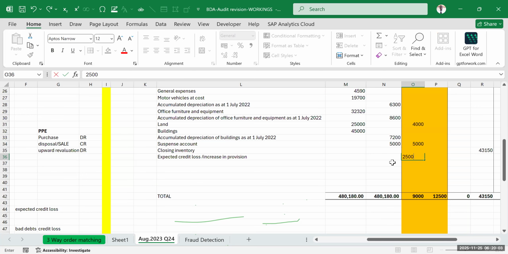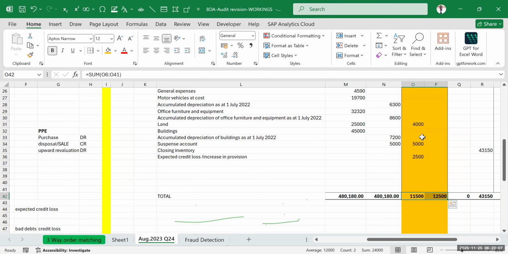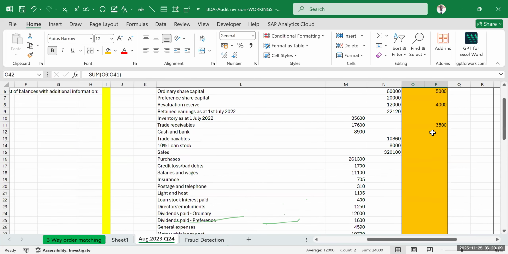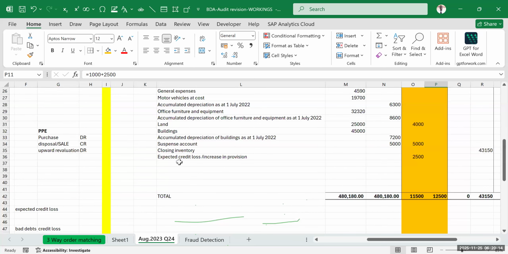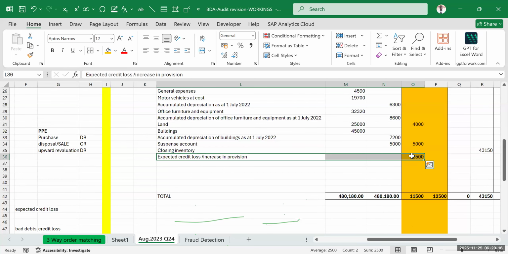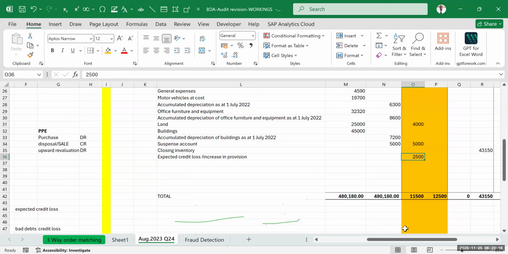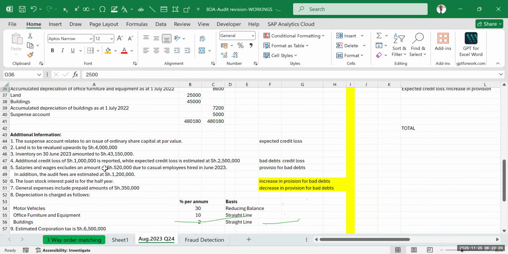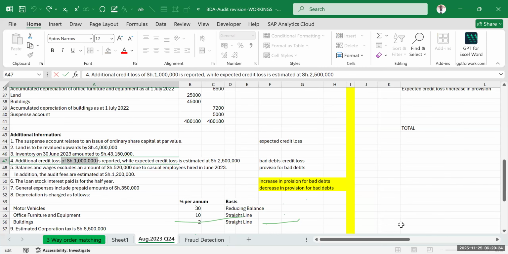2,500. Now, I want you to notice here, our account has not balanced. You know why? Here, we have reduced what we expected by 3,500, but when we've come to the expected credit loss, we have captured 2,500. That is the expected credit loss that was given. Now, what other adjustment are we doing with 1,000 to balance this account?